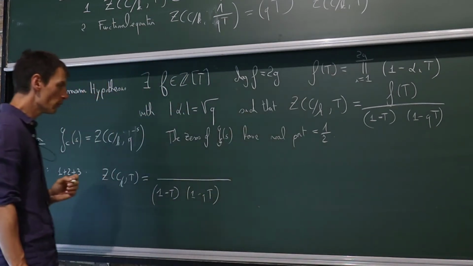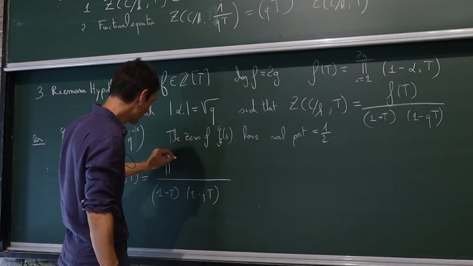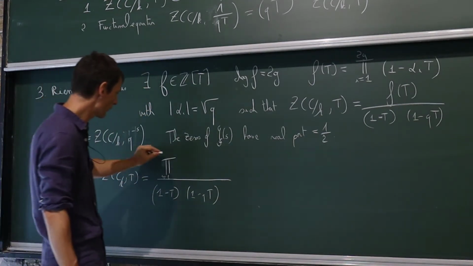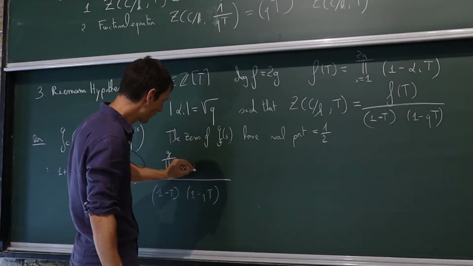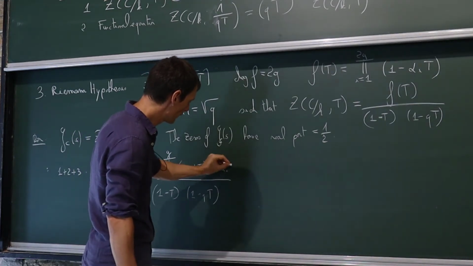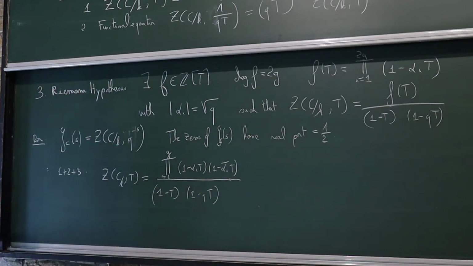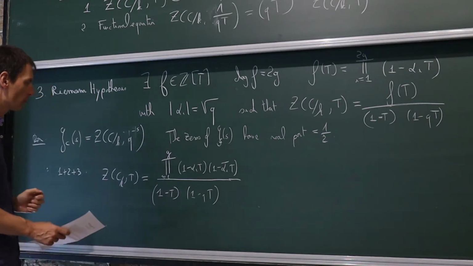And in the numerator, what I will do is put the roots in this way. What the functional equation tells you is that you can always put the roots together in this way. So 1 minus alpha_i t, and all the time you have the conjugate root. Okay, so you can also write the expression like this.